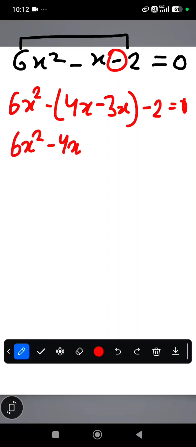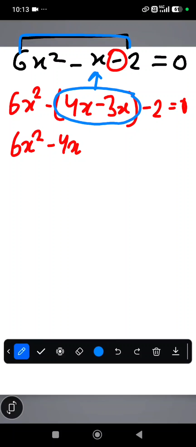Ma'am, how do we know what signs to put in the bracket? 4x minus 3x, the difference will be 1, and 4 threes are 12, 6 twos are 12.